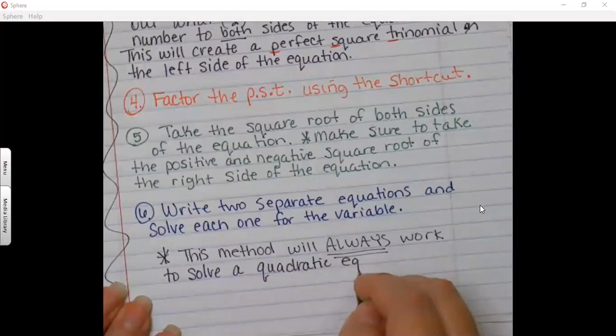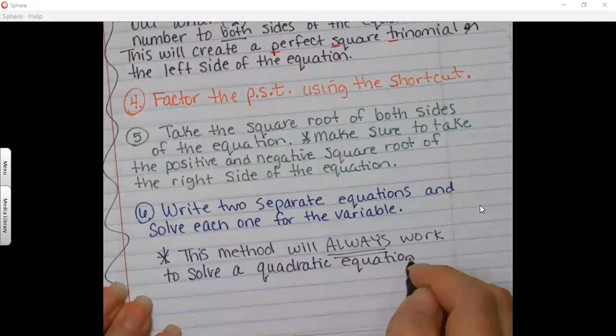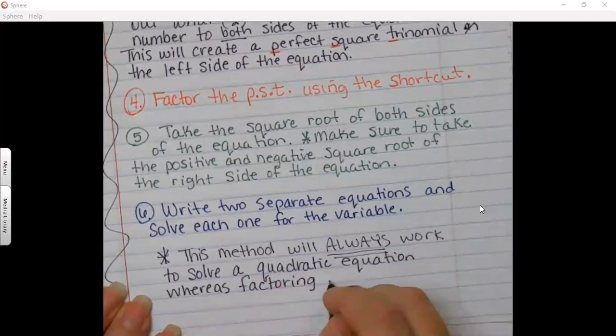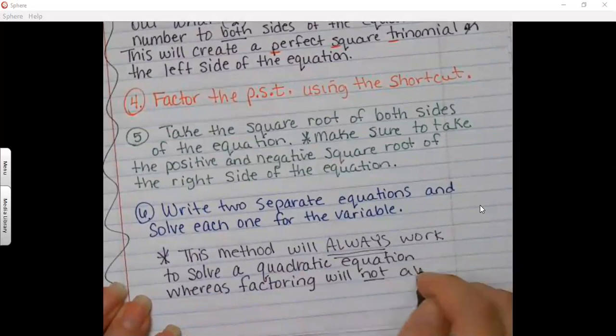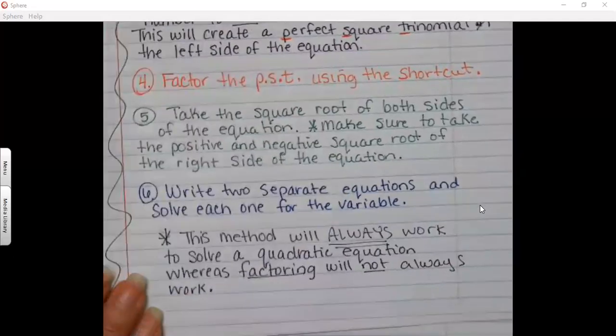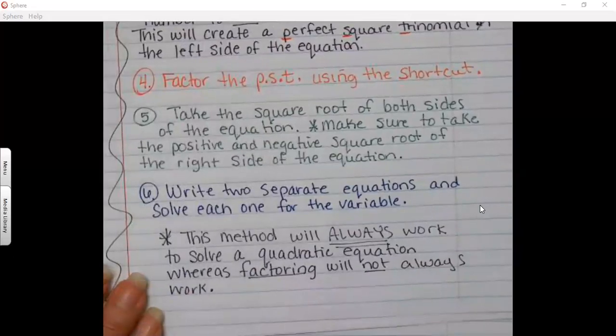whereas factoring will not always work. So sadly, because I prefer factoring over anything, but factoring doesn't always work because, first of all, your graph does not always cross the x-axis. So when that's the case, you're not going to find your solutions by factoring, okay?